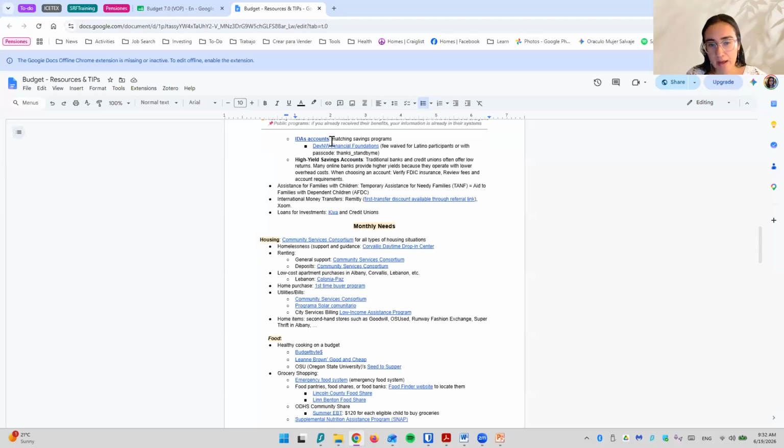Of course, the IDA accounts, which are these savings programs that match savings, high yield accounts.